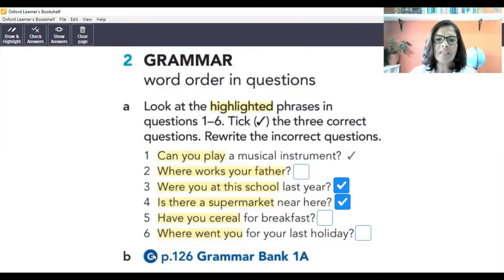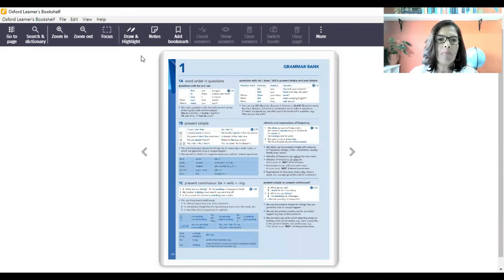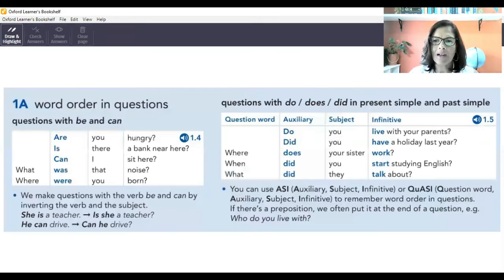Page 126. So at the back of your book, you have some sections. One of them is the section for grammar, the grammar bank. So now we're going to see this in more detail.